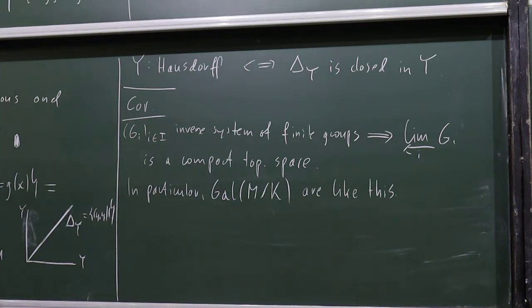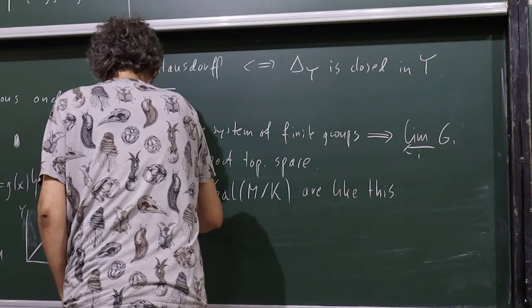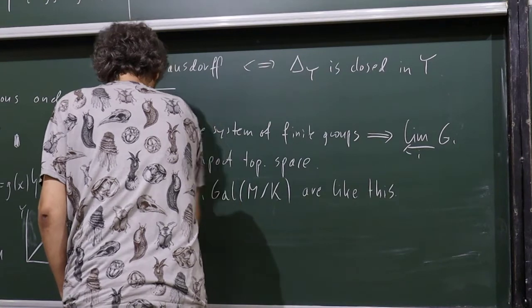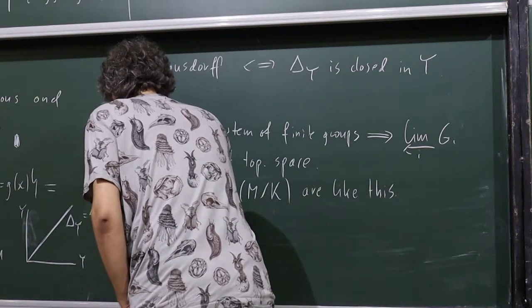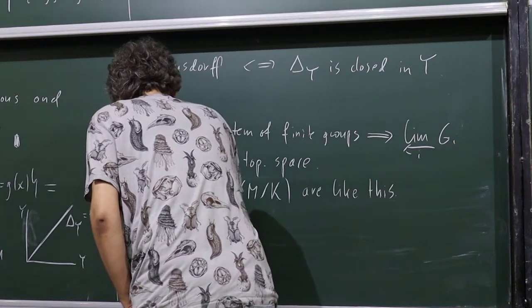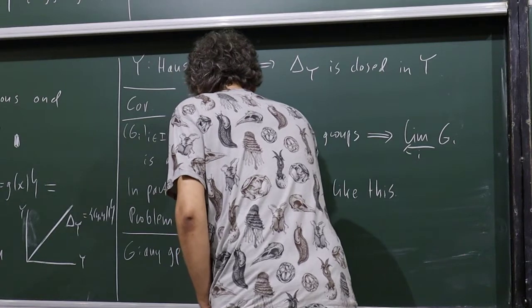So I think last problem, because just one problem session left, with this topology, you remember if G is any group, then we have this completion map.